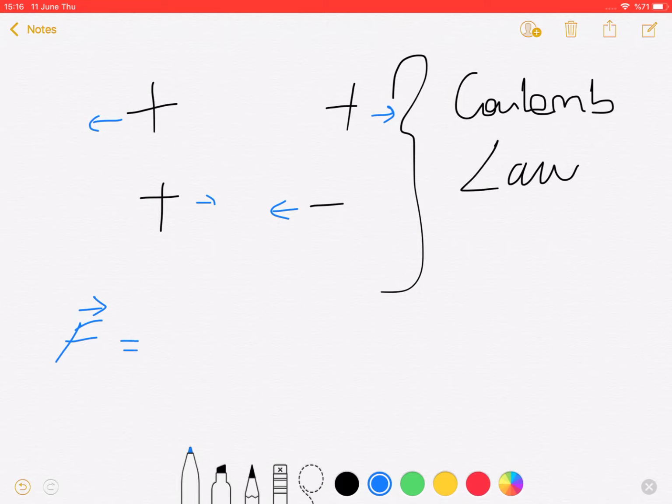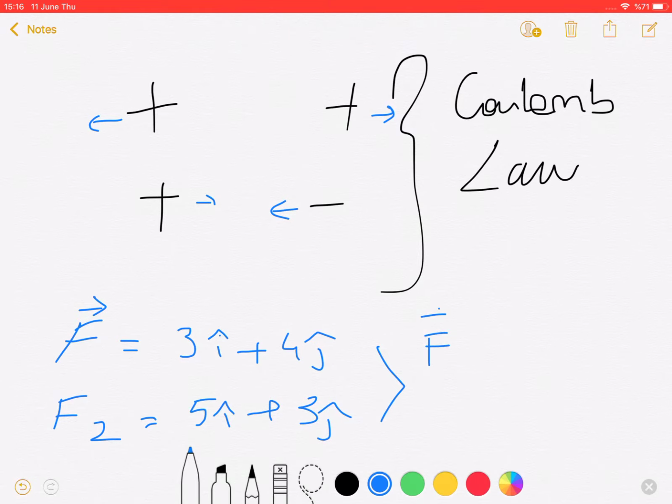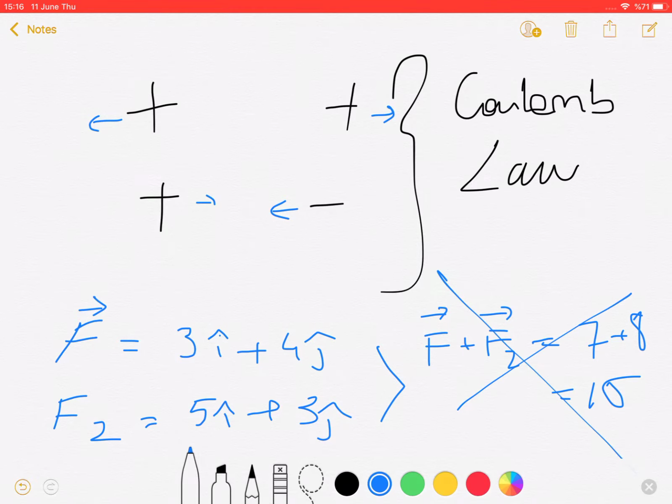If I have two vectors, F equal to 3i hat plus 4j hat, F2 equal to 5i hat plus 3j hat, and I ask for F plus F2, it does not equal 7 plus 8, which is 15. This is completely wrong. Please forget it.